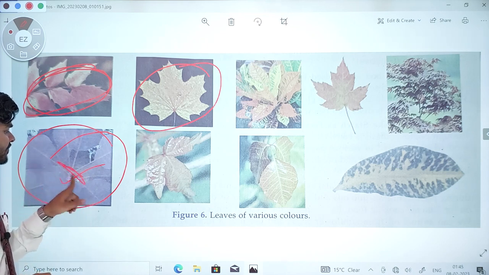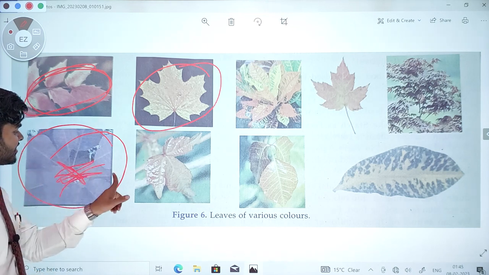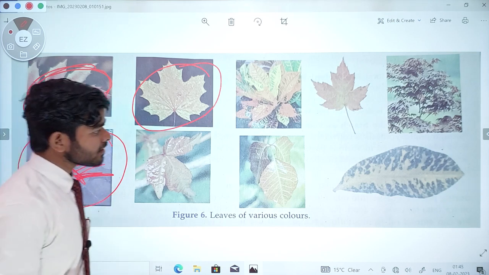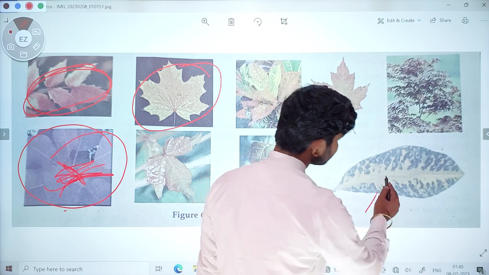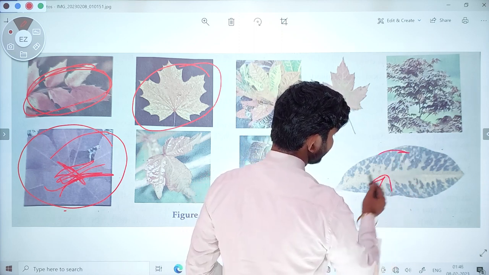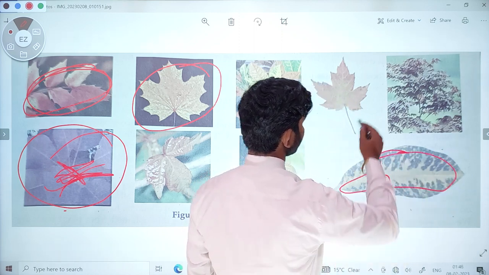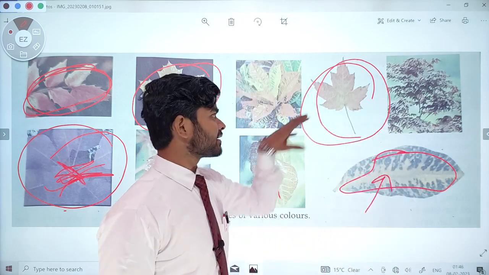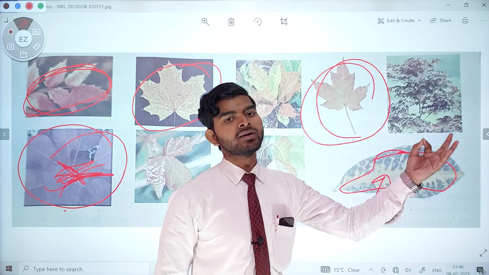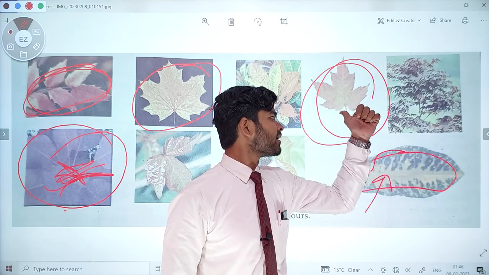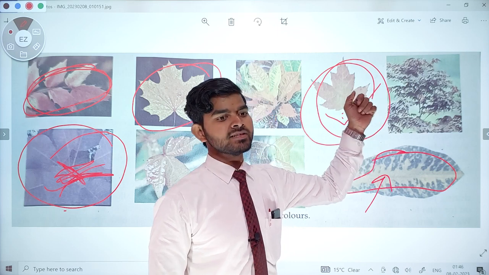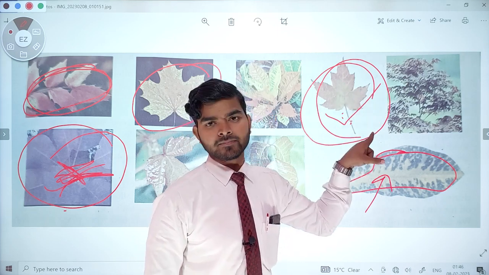Similarly, this one is whitish and grayish, and this one is yellow and brownish, because it contains yellow and brownish pigment. So that's why the color of this leaf looks like this.